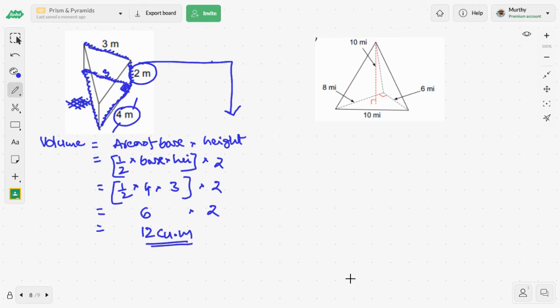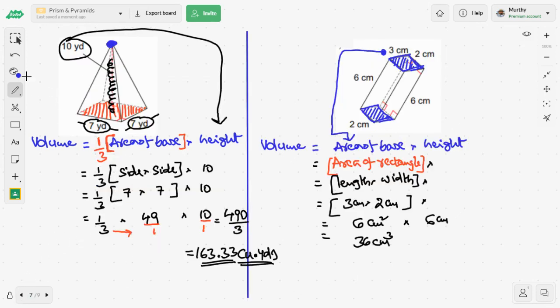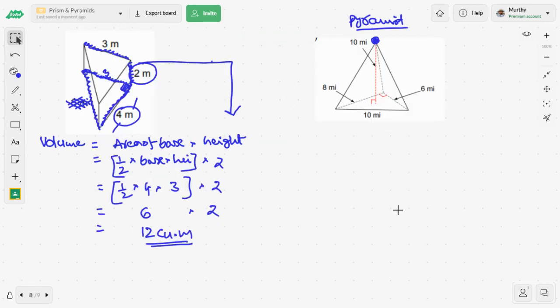Next, coming to the next diagram, I see that there is a tip at the top. So this one must be a pyramid. Therefore, how to compute the volume of a pyramid? Let me copy this one so that I can save some time.